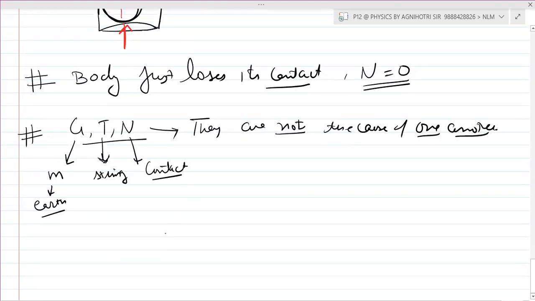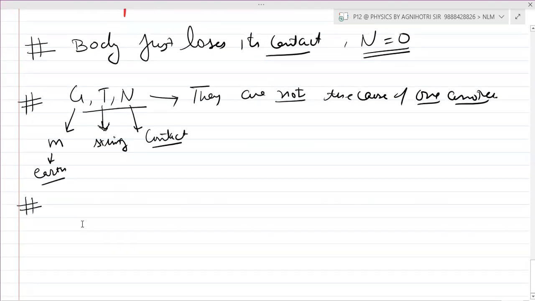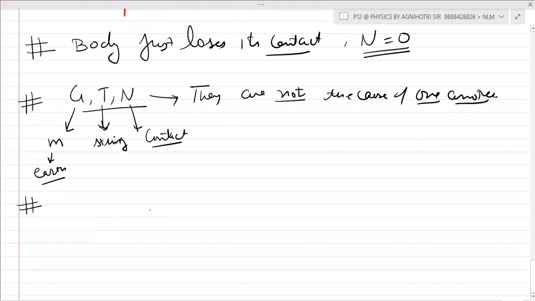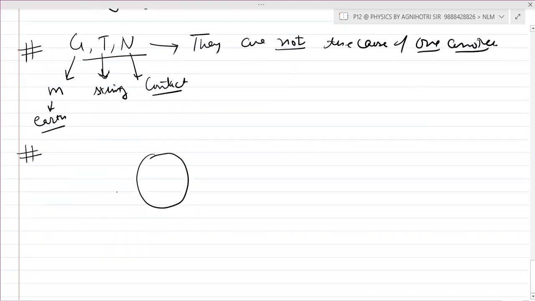Now, let me give you one example. Let me discuss all that stuff in a single question. See, this is the pulley, and you have applied the force in the upward direction.